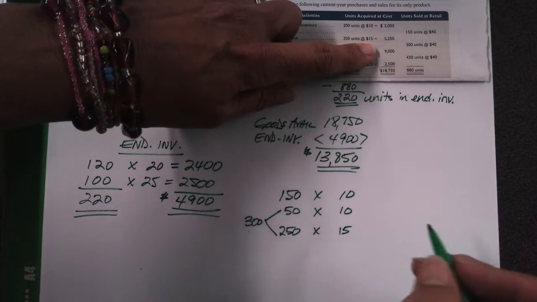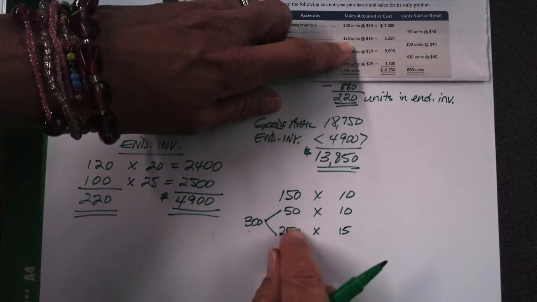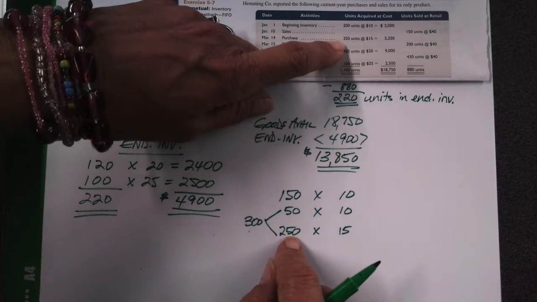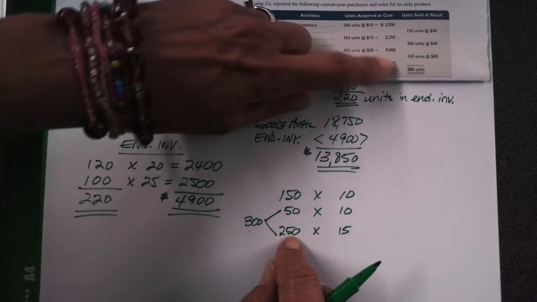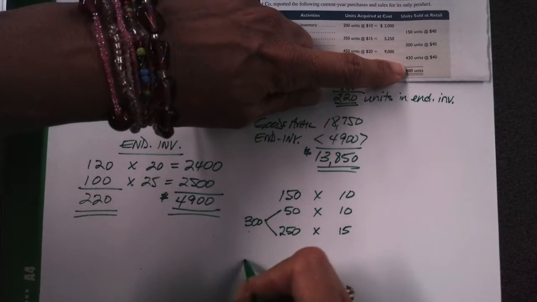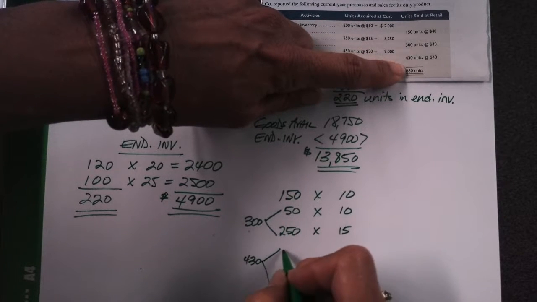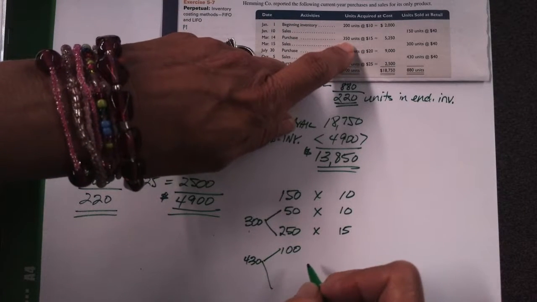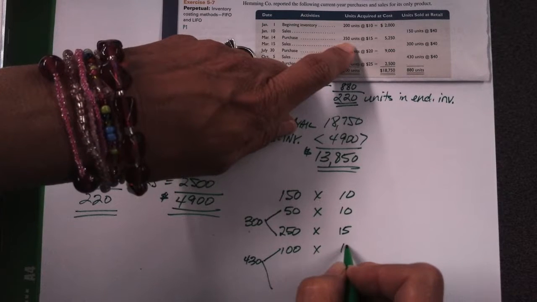Okay, so then what do we have left? We took 250 out of the March 14th purchase. So we've got 100 units left in the March 14th purchase. Then we get to our 430 units. Where did they come from? Well, 100 of it came from the March 14th purchase. Okay? So that's going to be at $15.